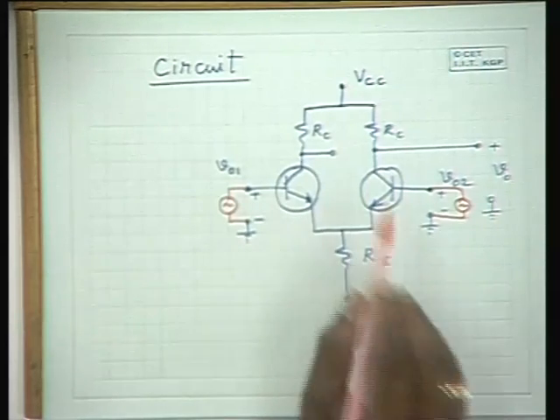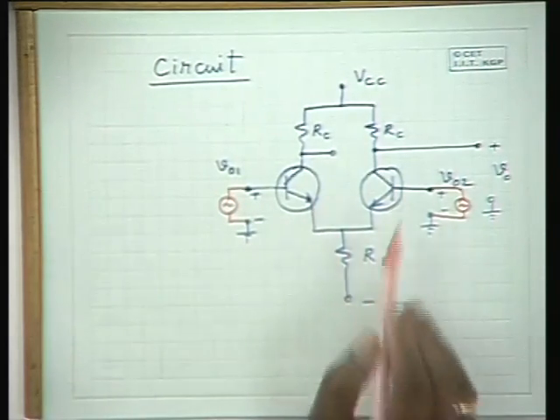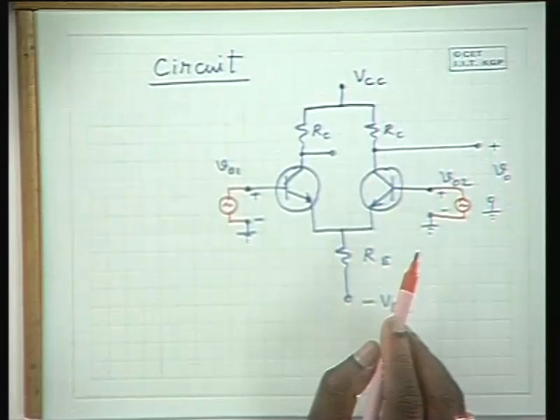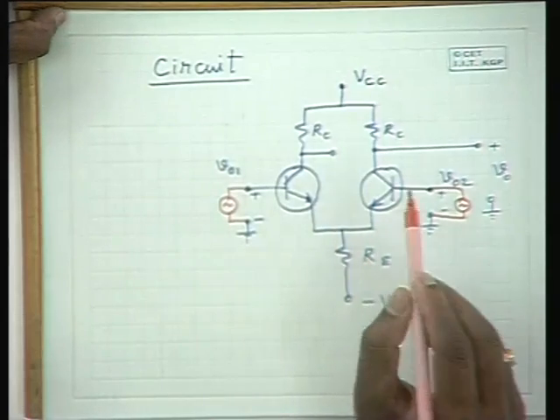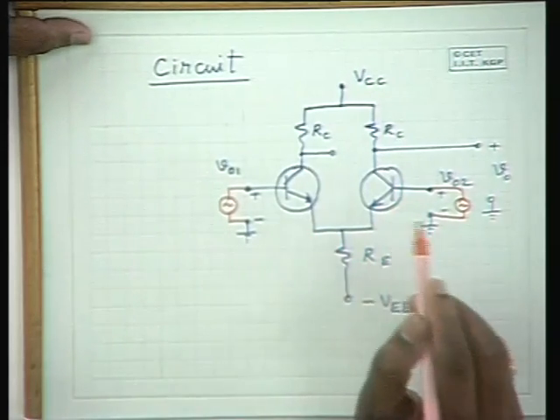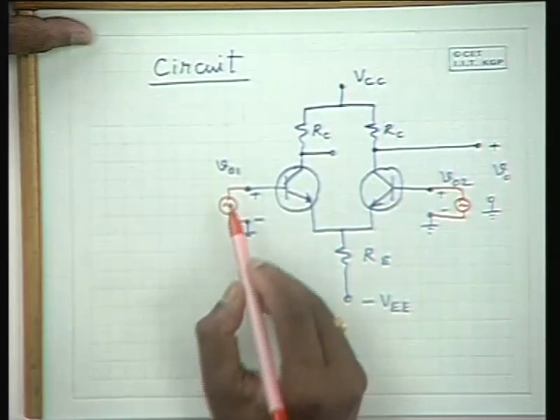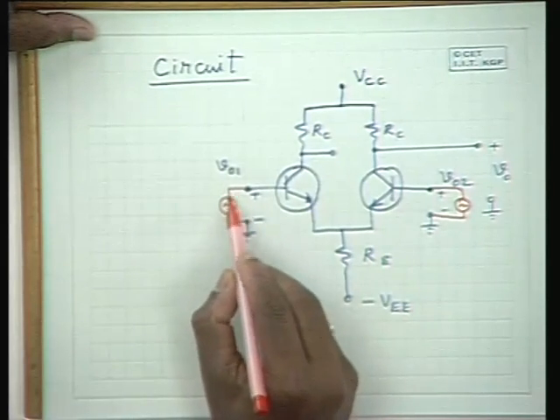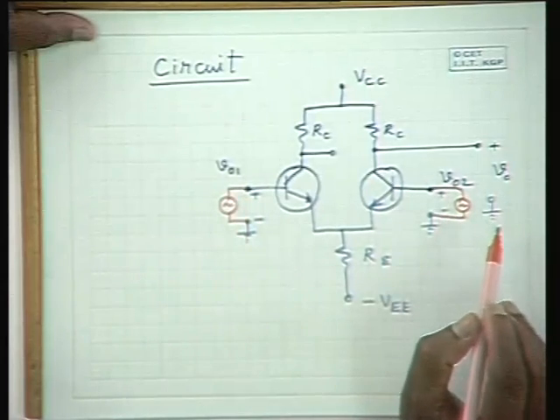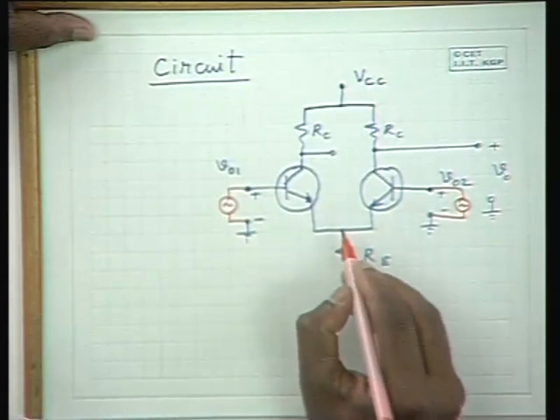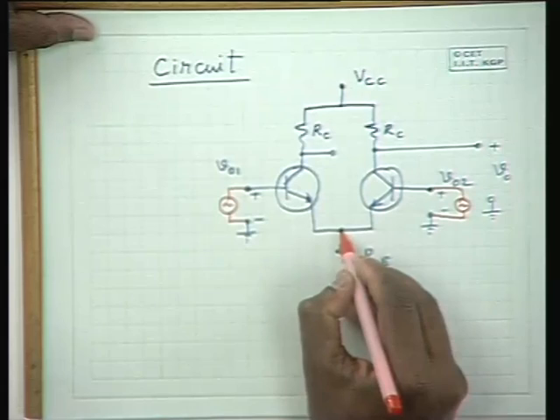Now, before going into the operation of differential amplification, let us see how the biasing is provided here. In the absence of alternating signals, VO1 and VO2 are grounded. So, what is the potential of this point E?